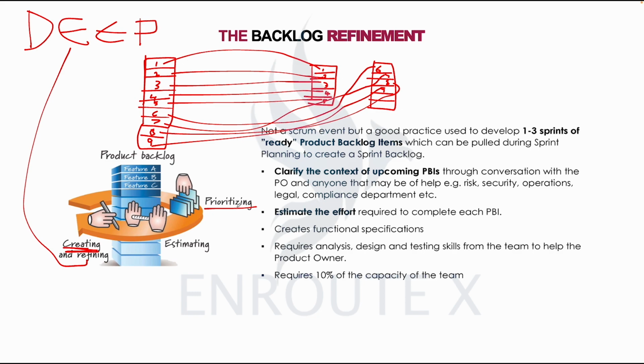Then of course we create the functional specification, which requires analysis, design, and testing skills from the team to help the product owner. All the skill sets needed, all the details needed should be added. Then one other thing I want to point out: it requires 10% of capacity from the team.